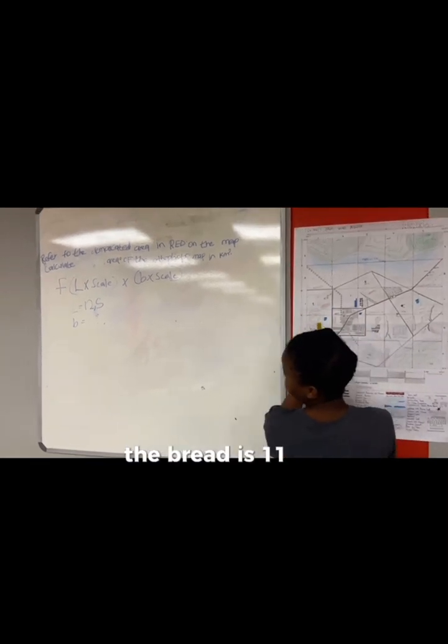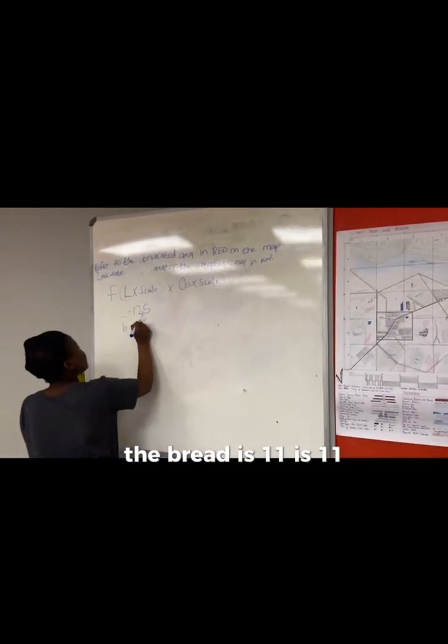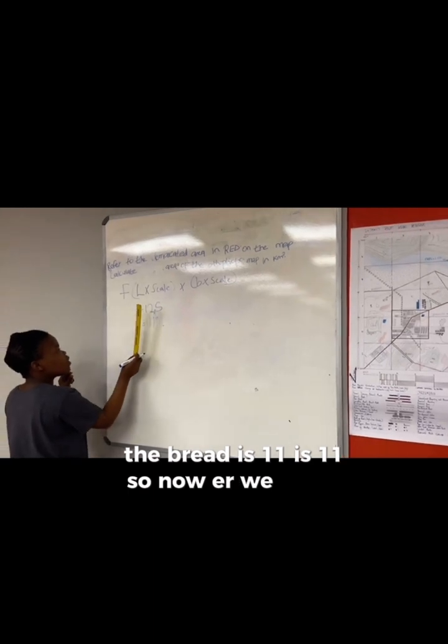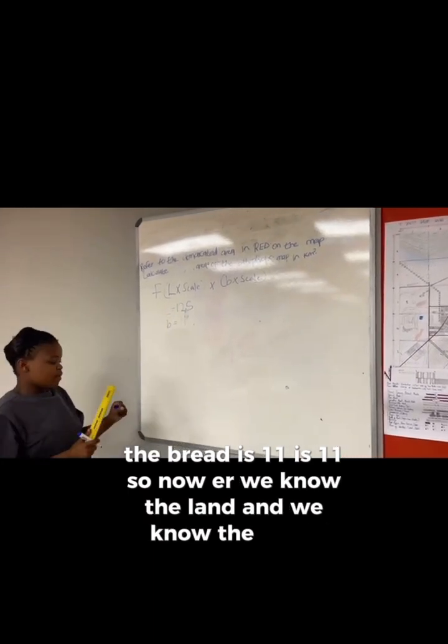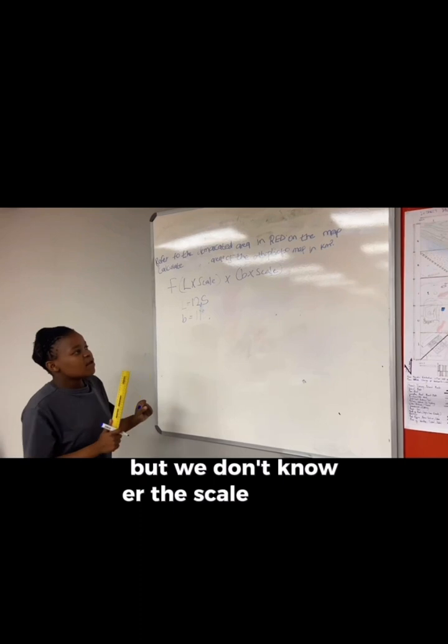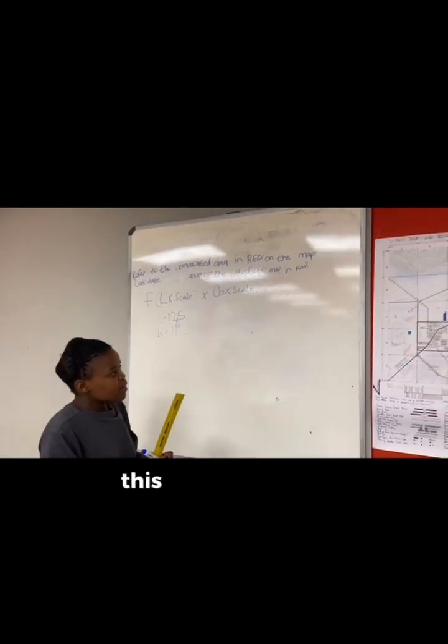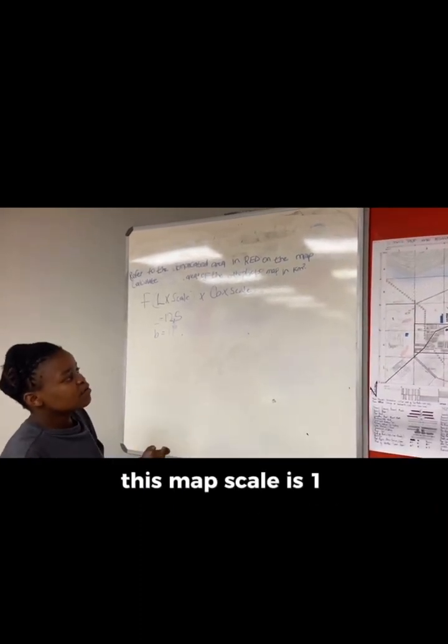The breadth is 11. So now we know the length and we know the breadth, but we don't know the scale of a map. So this map scale is 1:50,000.